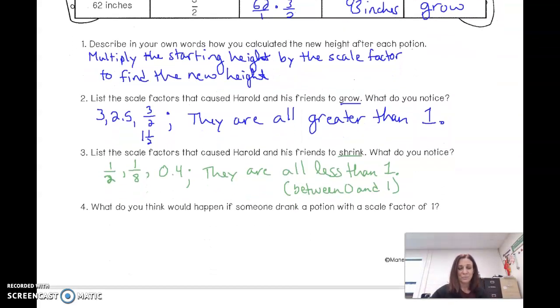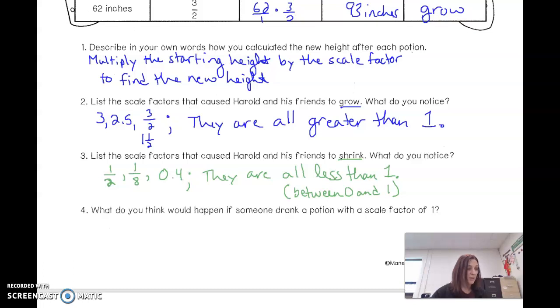So what do you think would happen if they drank a potion with a scale factor of 1? Well, what is the process? Starting height times the scale factor, 1. What happens when you multiply by 1? It stays the same, right?